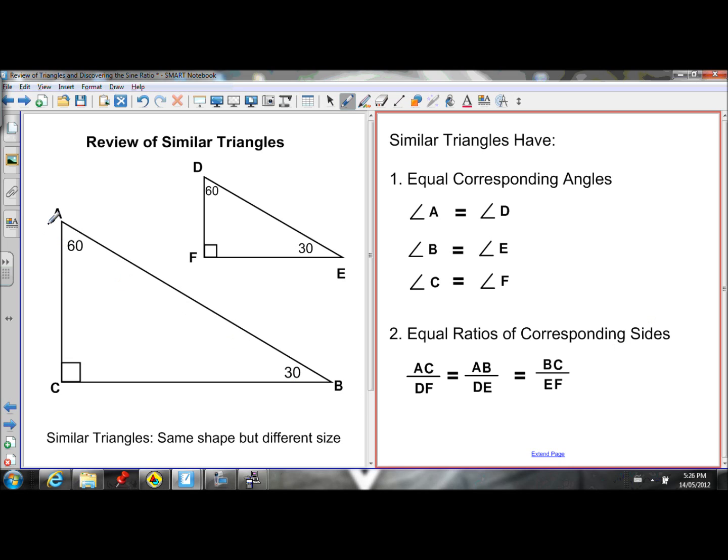So AC over DF, the ratio of this side to this side, is going to be equivalent to the ratio of this side to this side, and also of BC and EF. The ratio of all those sides is going to be the same. So if AC is twice as big as DF, AB must also be twice as big as DE, and similarly CB must be twice as big as FE. So those ratios must all be the same if these triangles are similar.